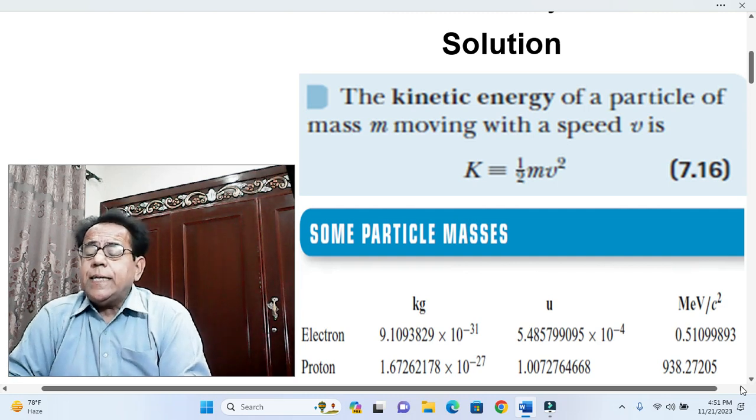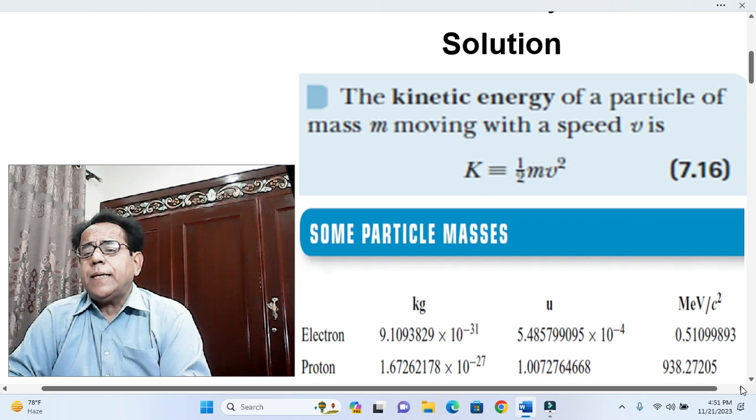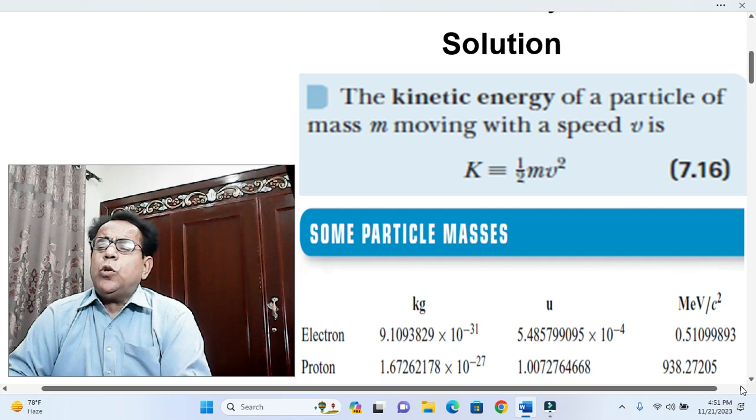The kinetic energy of a particle of mass m moving with a speed v is K, defined as half mv square.